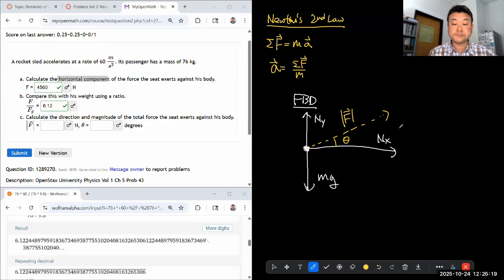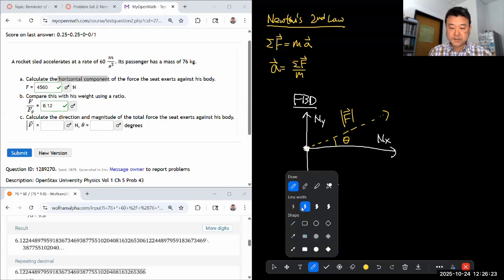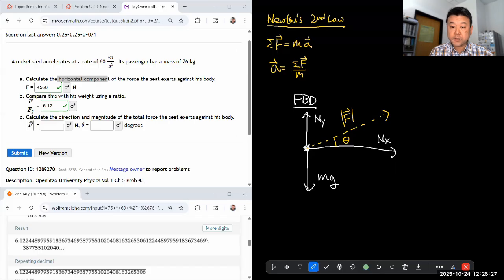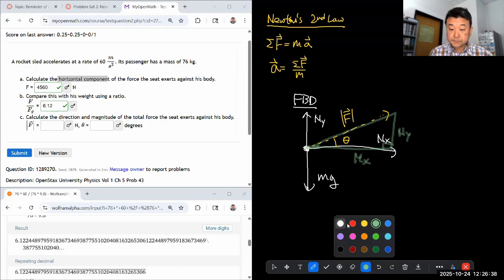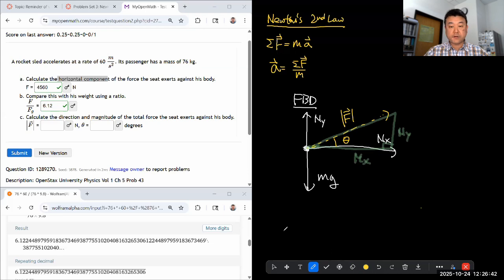With that in mind, I recognize this right triangle. That's going to be useful in figuring out the lengths. This is the right triangle. I've got the 2 legs, nx and ny. So I'm going to calculate the hypotenuse using the Pythagorean theorem.